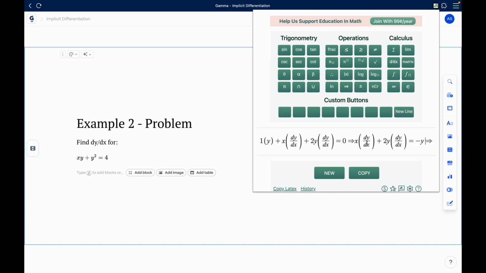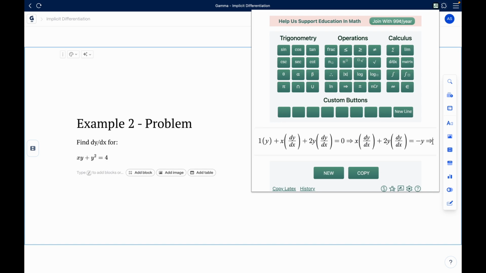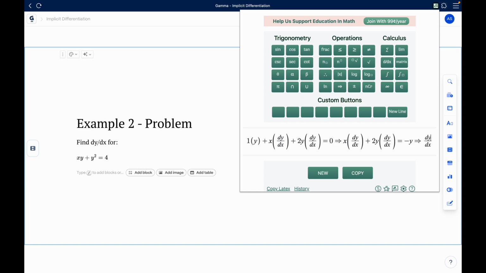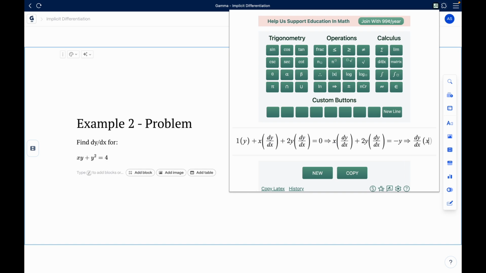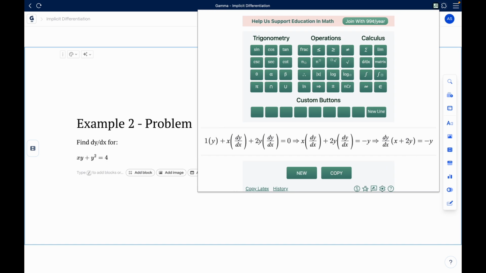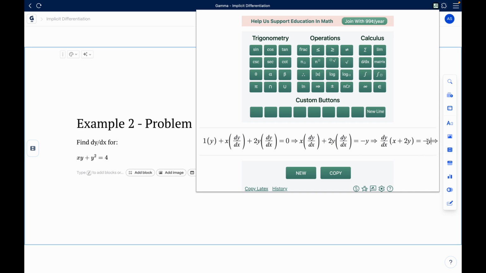Now, what happens after is pretty simple. All we have to do is factor out dy by dx. So we have dy by dx multiplied by x plus 2y is equal to negative y. Since we have dy by dx all factored out, the final step here would be to divide everything by x plus 2y.